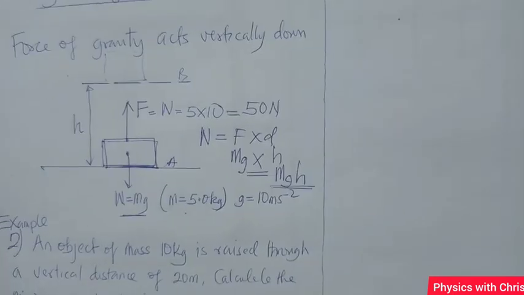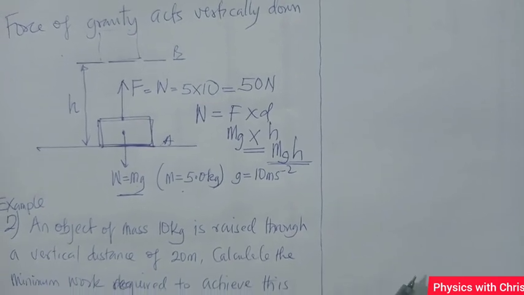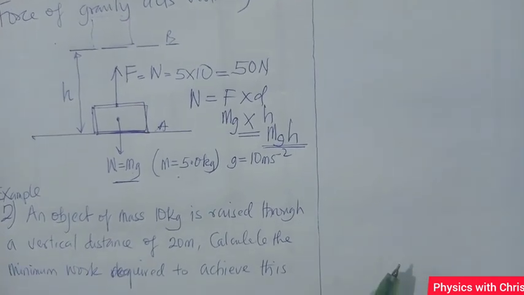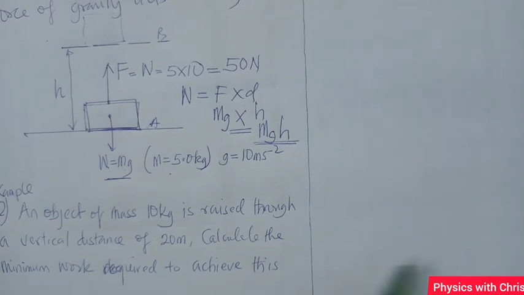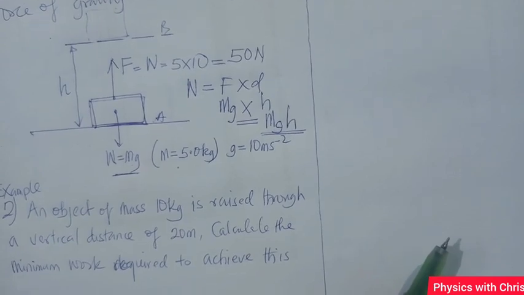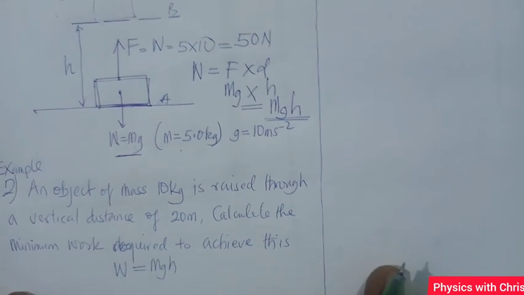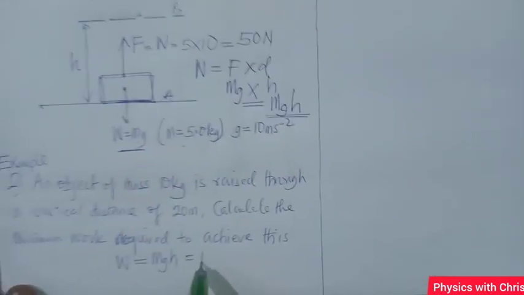Now look at the second question. An object of mass 10 kg is raised through a vertical distance of 20 meters. Calculate the minimum work required to achieve this. What's the minimum work done? Here we see that mgh is the formula for calculating the minimum work done. So the mass of the body is 10.